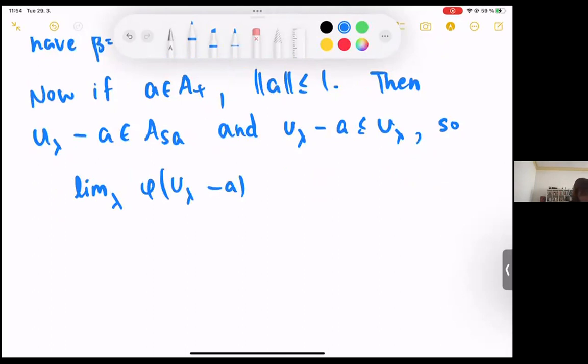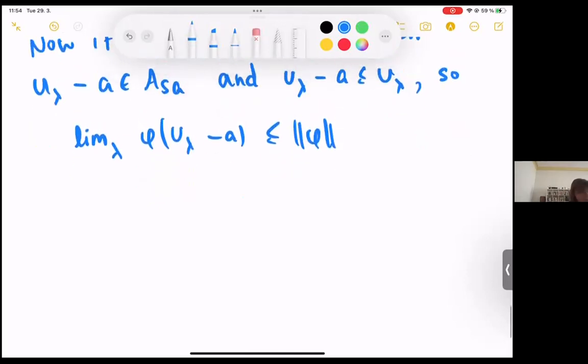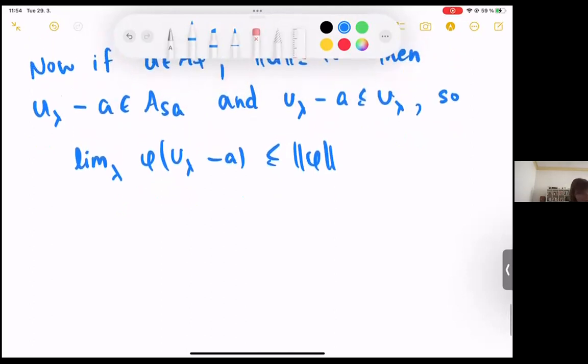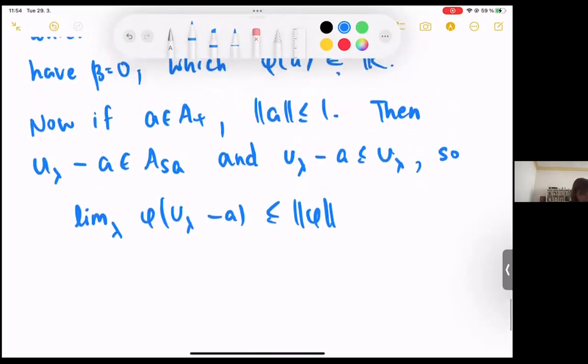So we know that this limit here goes to the norm of phi, and now we're going to subtract something that's real. So we get that this is at most... sorry, that was a stupid thing to say.